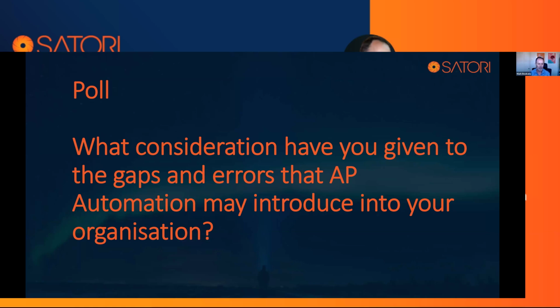So answers range from we're just not concerned about any gaps and are pretty convinced that automation will plug all the potential issues, to you're planning to look at some additional controls, or you haven't really considered that. And finally, if AP automation is not on your radar, then clearly this is not a relevant question as such.